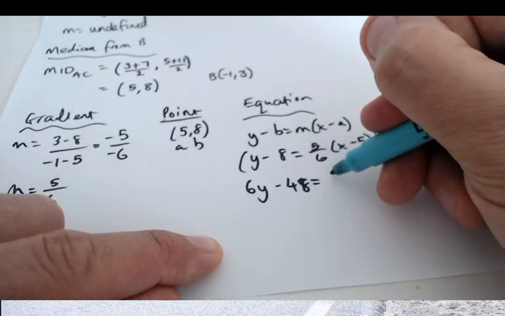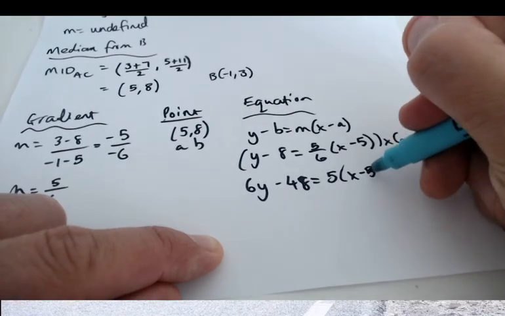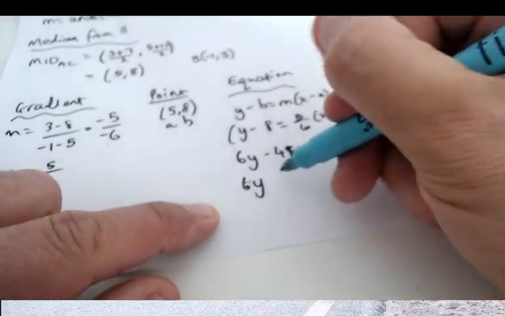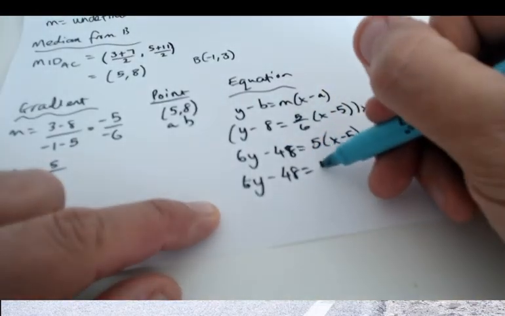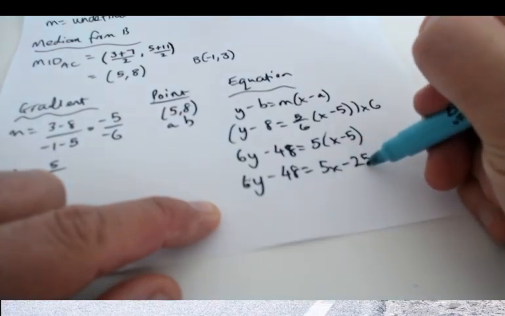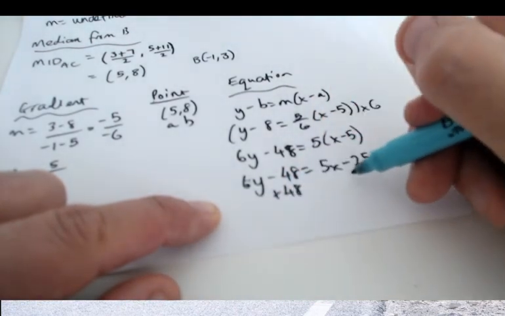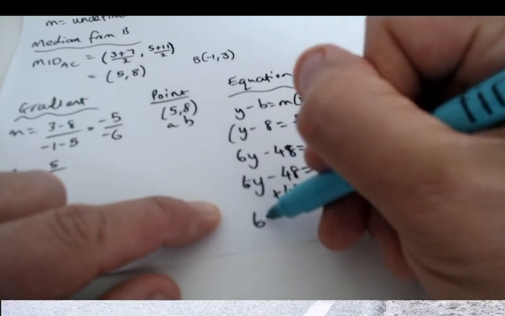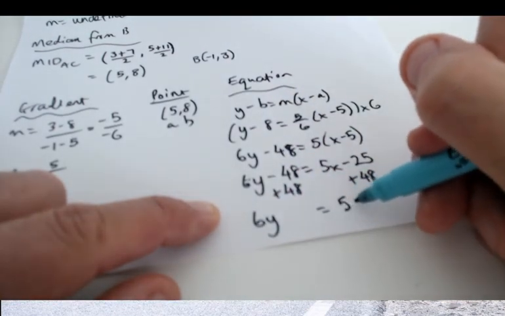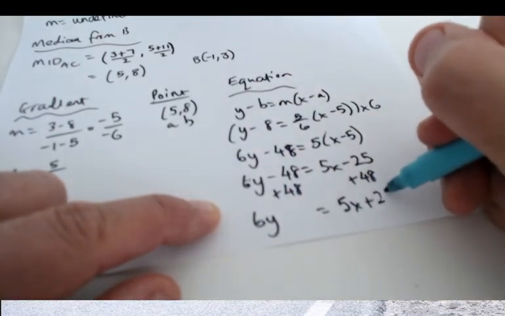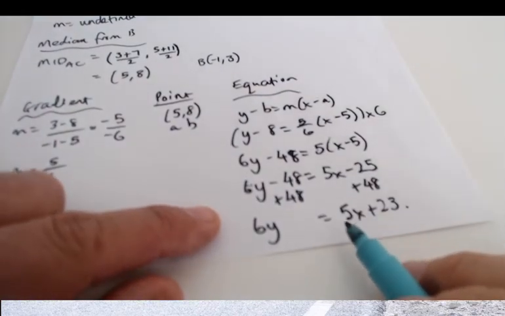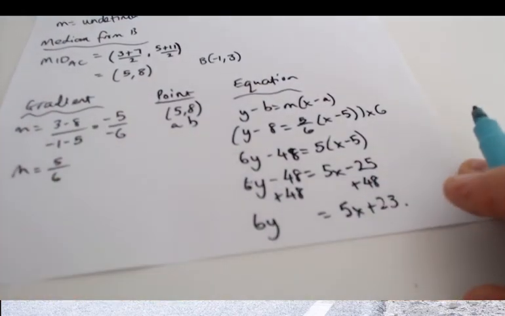The 6's would cancel, leaving the 5. Multiply out my bracket. 6y minus 48 is going to equal 5x take away 25. Add 48 to both sides. 6y will equal 5x plus 23. So the median from B is 6y equals 5x plus 23.